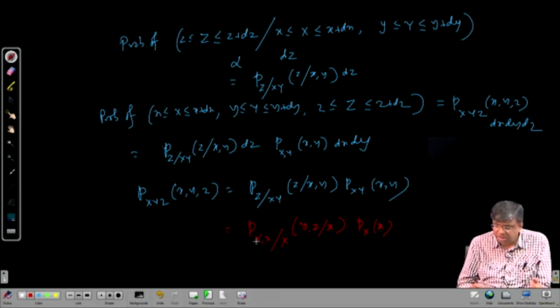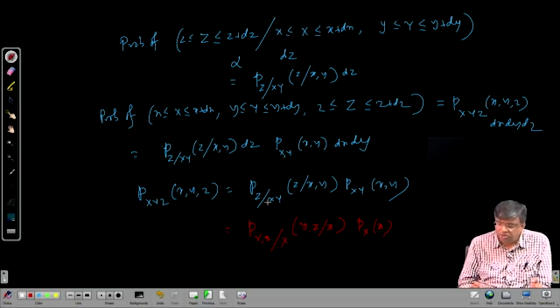So, put like p probability of y z condition to capital X. So, y taking value small y, z taking value small z, this capital Z and capital X taking value small x, times the probability density of the variable or variables which are constraint. Here I had y z free and x constant. So, it was multiplied by probability density of x only, there is only variable under constraint.